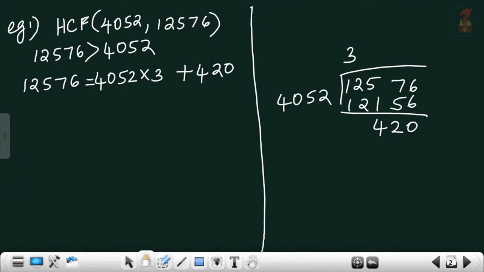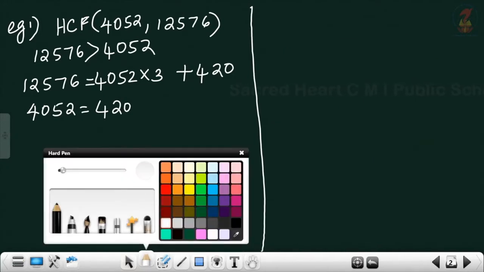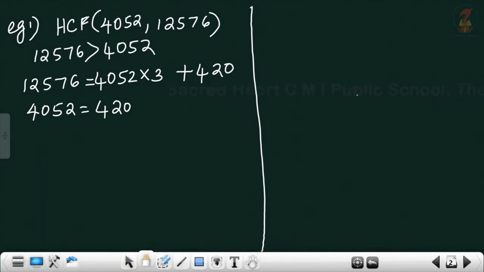Next, 4,052 is greater than 420, right? Write 4,052 in terms of 420. 4,052 divided by 420.